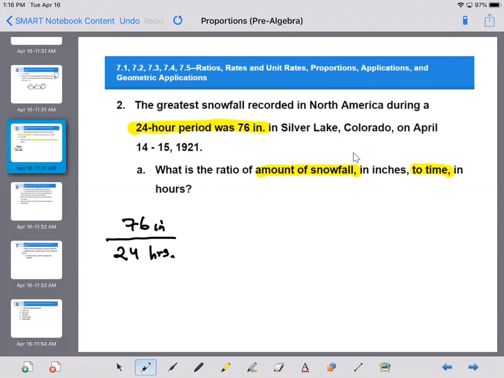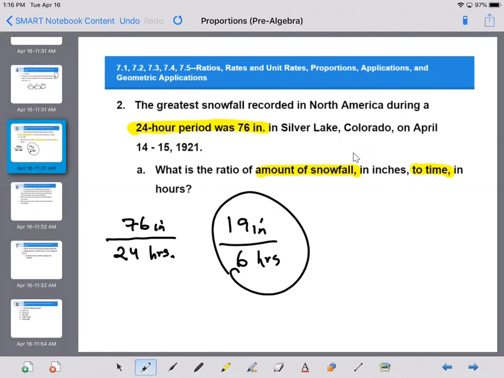And we can simplify that. We could divide both by 4, so that would be 19 inches to 6 hours. And that would be the ratio of amount of snowfall to time.